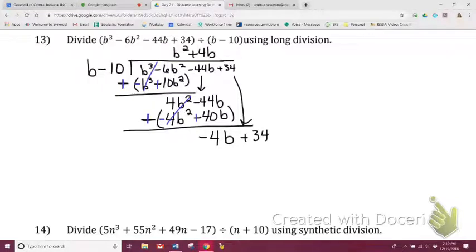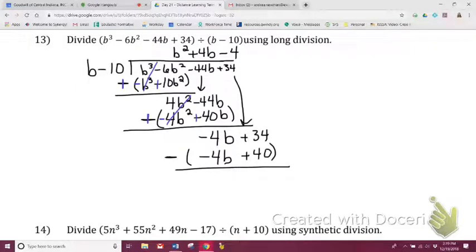For my last cycle, I need to figure out what times b is negative 40b. Negative 4. So I'm going to multiply negative 4 times b, and negative 4 times negative 10 is positive 40. Then we're going to subtract.